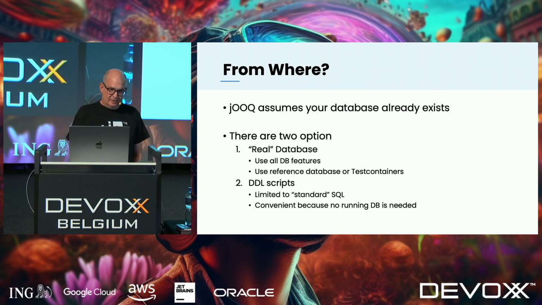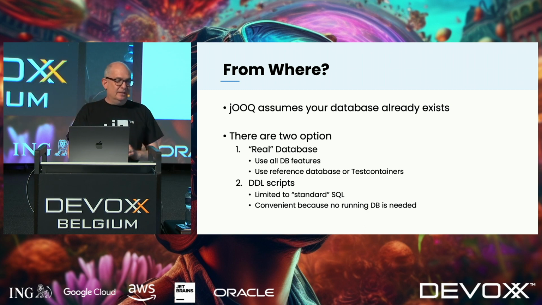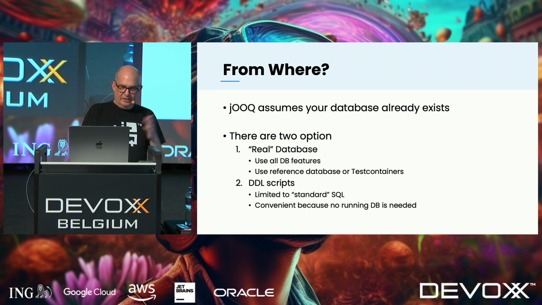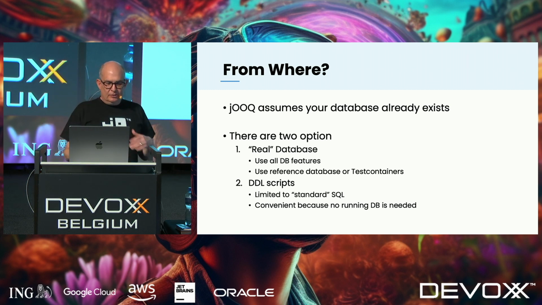If you have a database with a lot of tables and a lot of procedures, like the one I was talking about before, then it may not be very handy to spin it up in a test container, or you need an image where the database already is. So they're using kind of a reference database. But most of the other customers are using a real database in test containers. And the question is, where does the schema come from? Who of you is using Flyway?